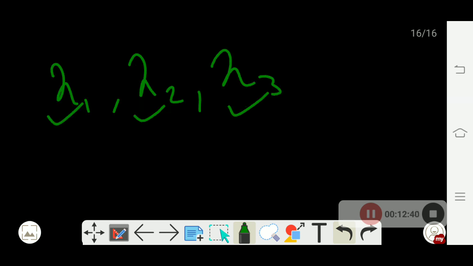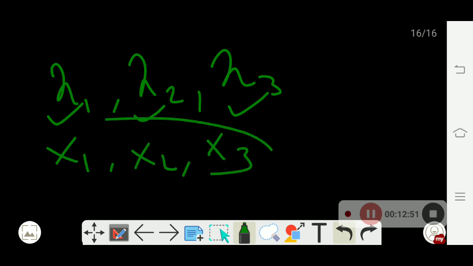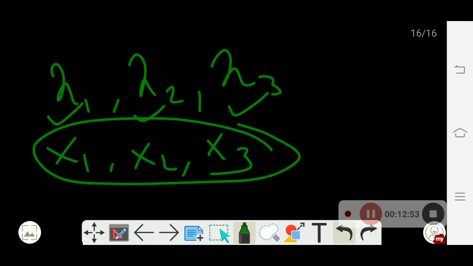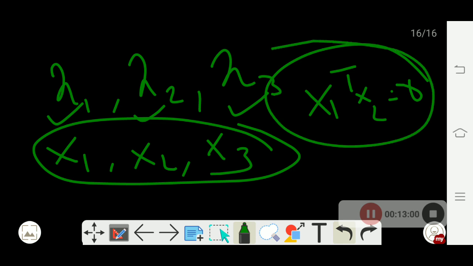If you get these lambda values from an orthogonal matrix and the corresponding eigenvectors, suppose x1, x2, x3, then these three are orthogonal to each other. That is, this law will be applicable, and so on, x2 transpose x3, whatever you take. So this is the case.